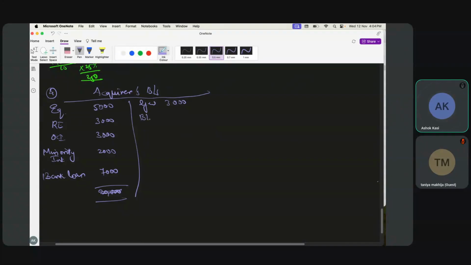Building, 2,000. Then cash, 15,000. So we will add that investment in associates also in this, right? Now this was 6,000, no? Yeah. And investments in associates, 9,000.